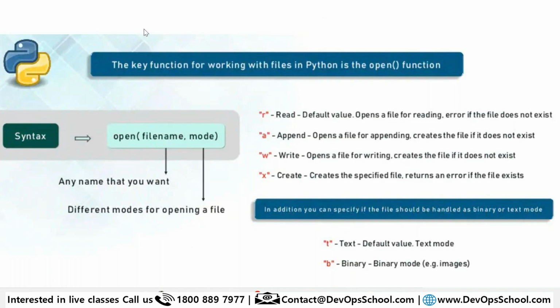Reading is the default, so appending, writing, and creating are not for binary files. What's the default mode if you don't specify? Read. And the default file type? Text file. That is something we need to understand.